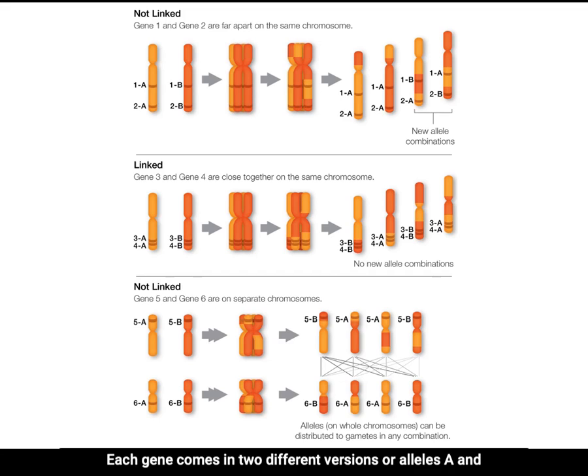Each gene comes in two different versions or alleles, A and B. Since gene 1 and gene 2 are far apart, it is likely that a recombination event will happen between them. When this happens, the gametes end up with new allele combinations that were not present in the parent. That is 1B with 2A and 1A with 2B.